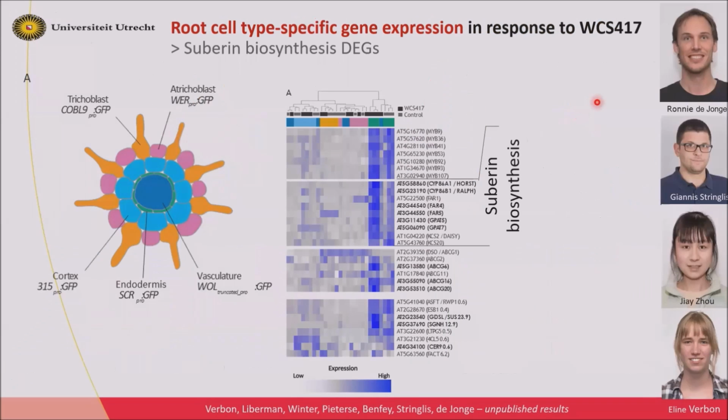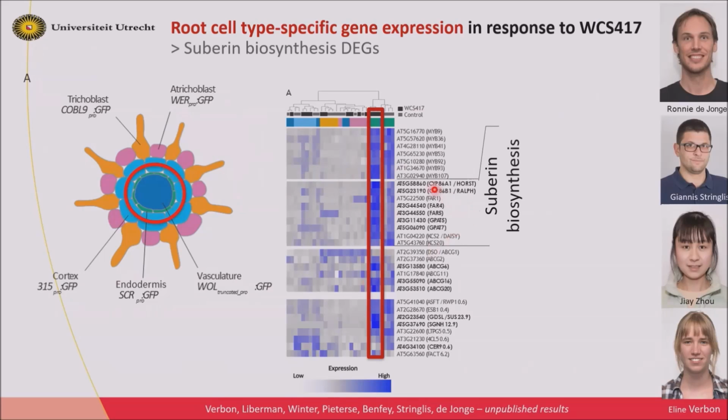And then one interesting finding that I would like to share with you is if you look at these green cells, so these are the endodermis cells that are located here, they respond really strongly to colonization of the roots by WCS417. These are all the genes that are responding in the endodermis cells, and they are significantly enhanced in comparison to the control situation.